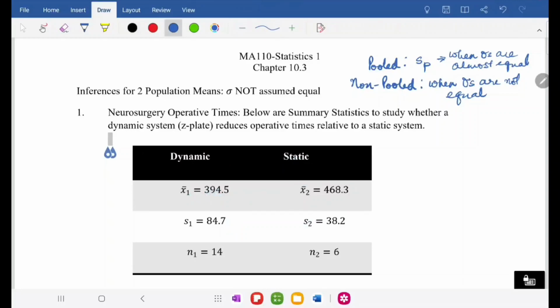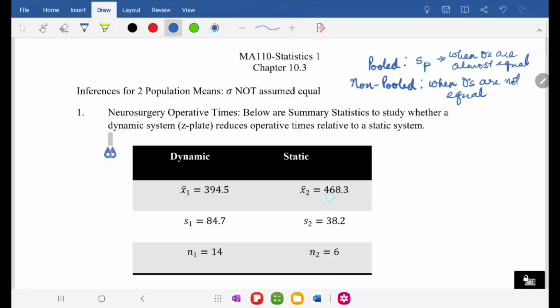Okay, so this is a summary of the statistics for each of these populations. They collected the time performed from different surgeries using the dynamic system, and then they also gathered the summarized data for the static system. Here we have the X bar sub 1, which aligns with dynamic system, was 394.5. For static, it was 468.3.